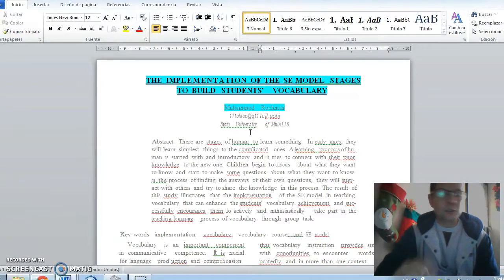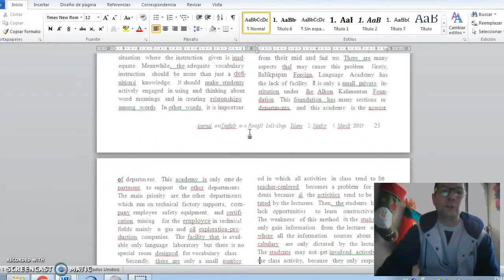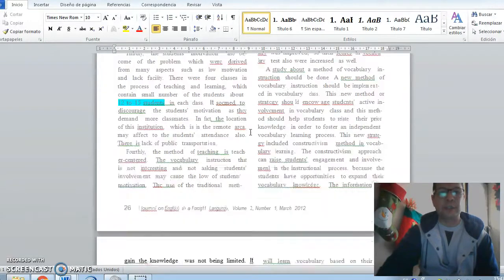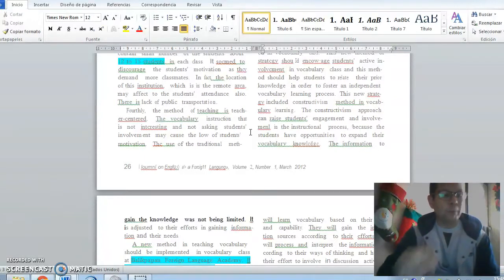The article seeks to show the result of an implementation study of the 5E model to a group of 12 to 15 students, as we can see it here, of the Foreign Language Academy of Balikpapan, which is determined to find the best way to apply the teaching of vocabulary with this method. And the objective is to determine what elements indicate what type of research it is and why.